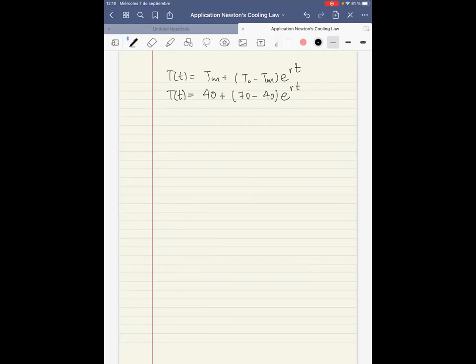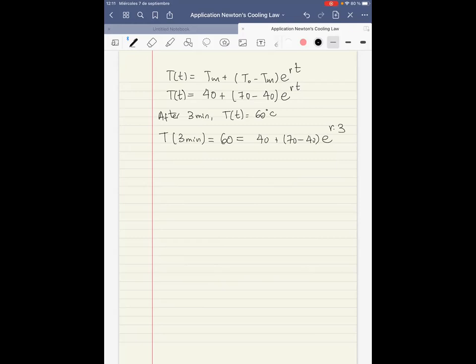And we know that after 3 minutes, the temperature of the body will be 60 degrees. So basically it means that the temperature after 3 minutes is going to be 60, when the time that has passed is exactly 3 minutes.